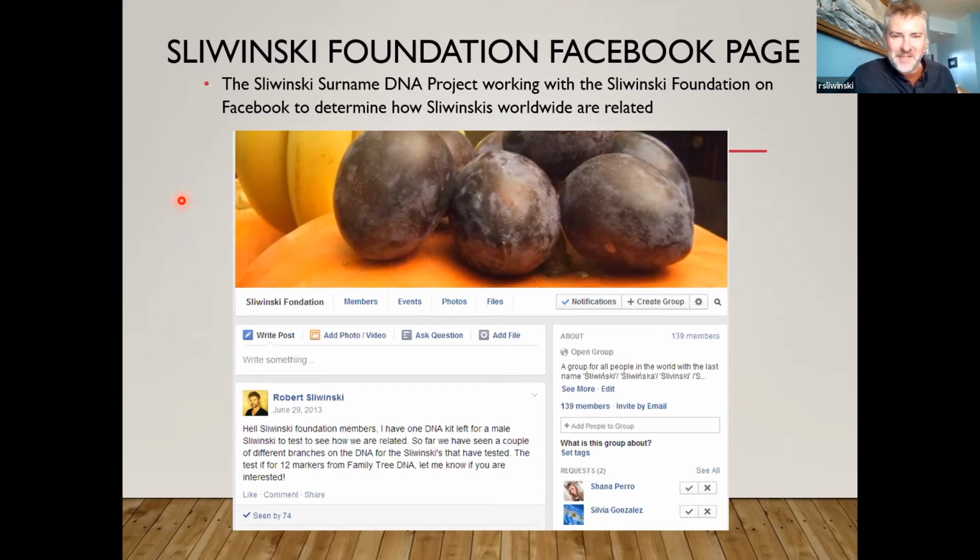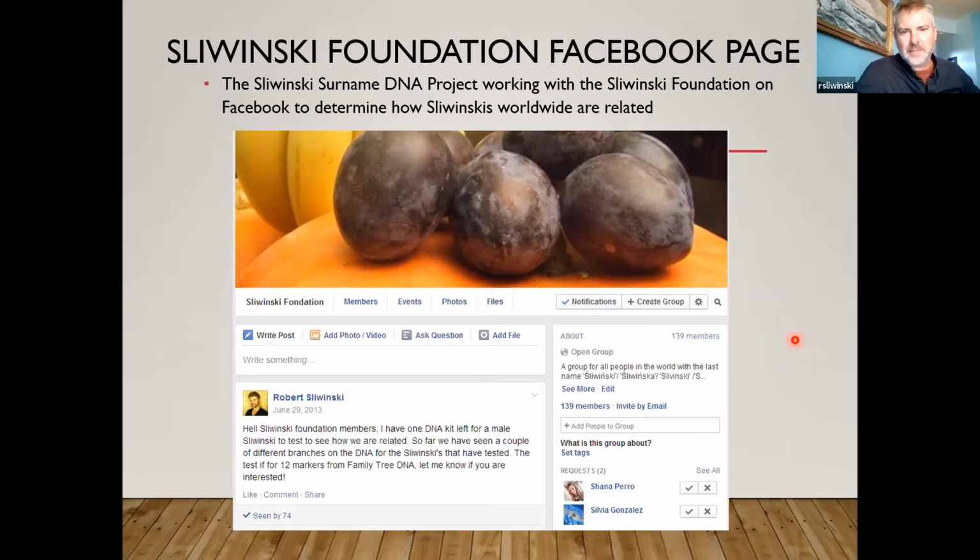So I decided to ask a number of people that had the Slowinski surname, and I was providing them with DNA tests so they could determine if we are related and how closely we are related to each other. This started a number of years ago, and I got a number of takers.